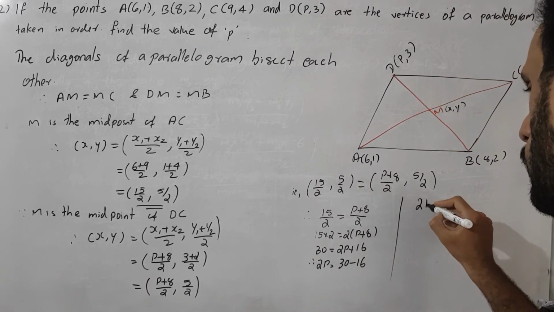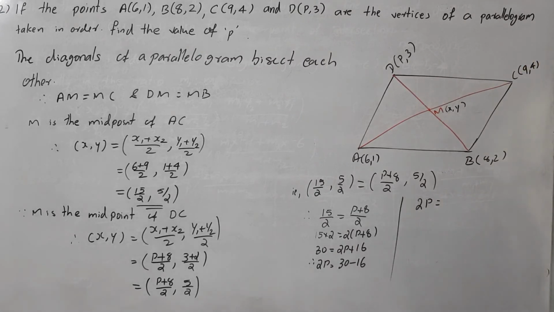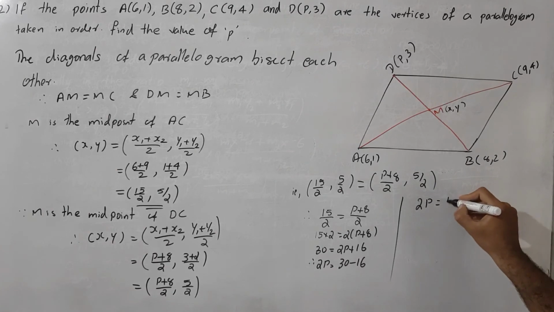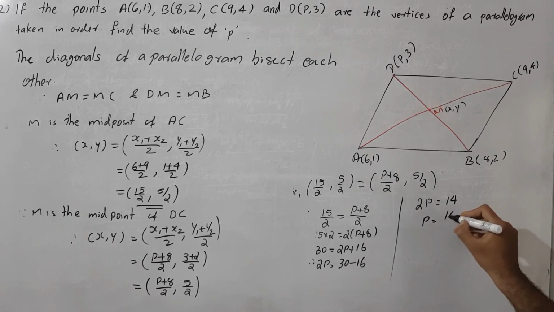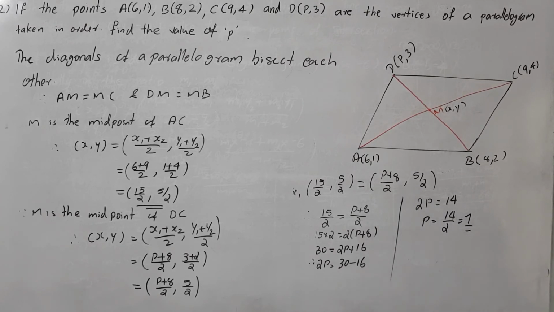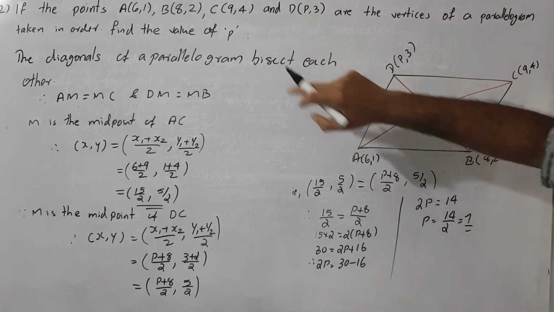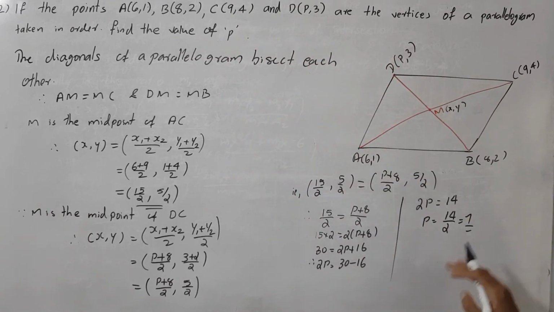So 2p is equal to 30 minus 16, which is 14. So p is equal to 14 by 2, which is 7. So what is the value of p? The value of p is equal to 7. Then we got the answer. What is the answer? The value of p is equal to 7.